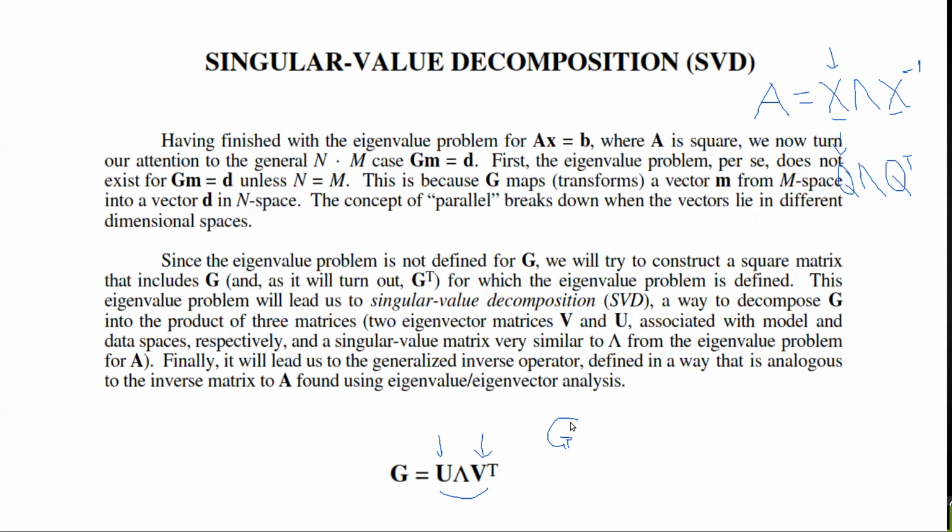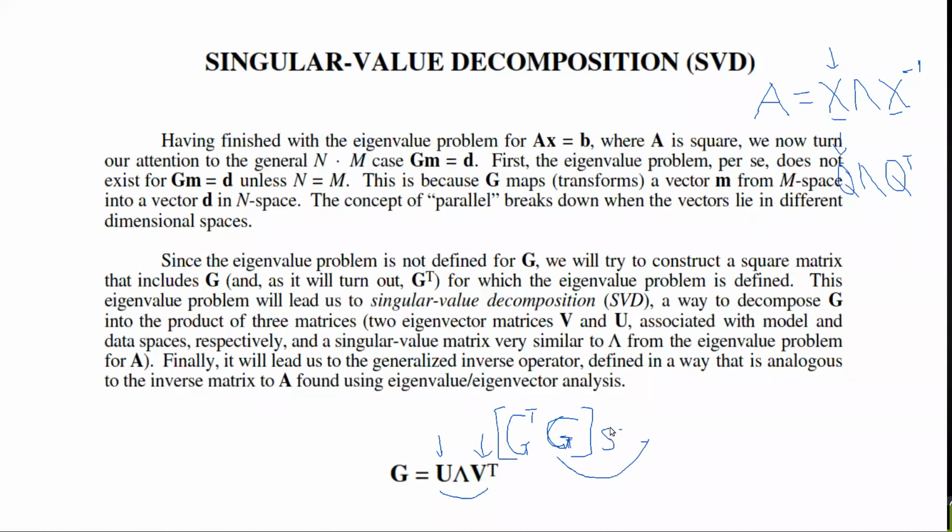Here, say we have a G. To do the singular value decomposition of G, we do like we did in the least squares problem. We pre-multiply G by G transpose, and remember that this is a square symmetric matrix. Then we find the eigenvectors.